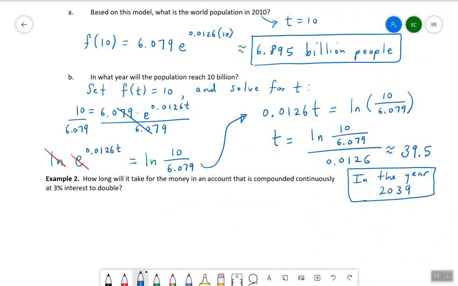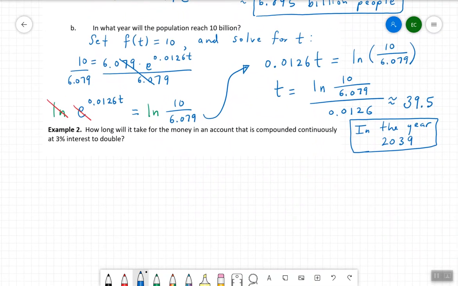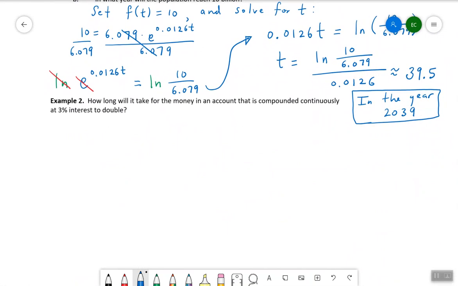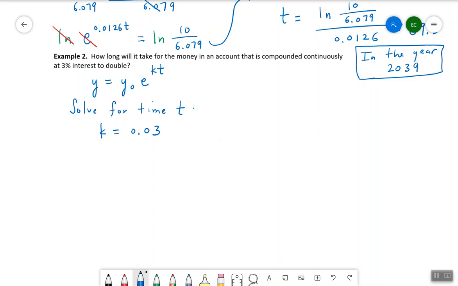Okay, well, let's do one more problem here. It looks a little different, but it's similar. So in example 2, how long will it take for the money in an account that's compounded continuously at 3% interest to double? So we can use the formula y equals y sub 0 times e to the kt.